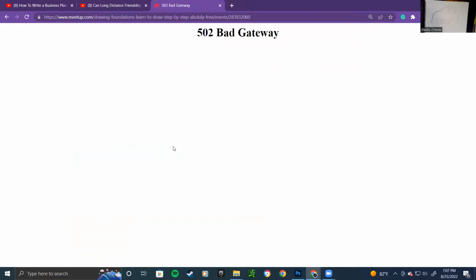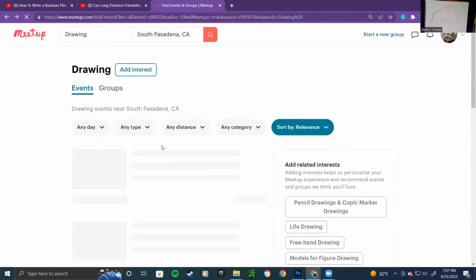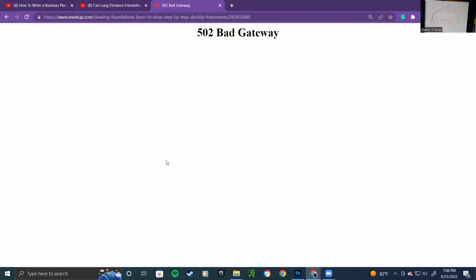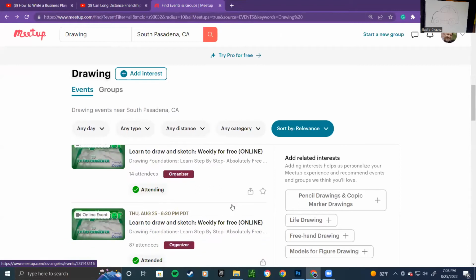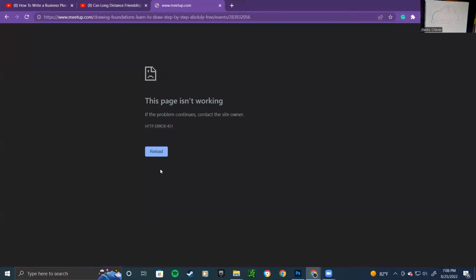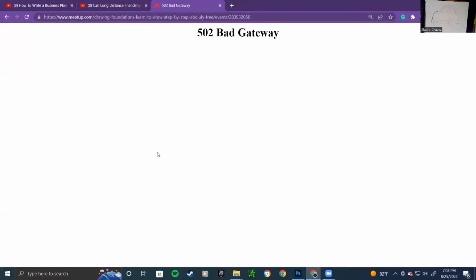There was this flower, and I'll break apart the flower in a second. I'm in a bad gateway here for some reason. This page isn't working. Wow.